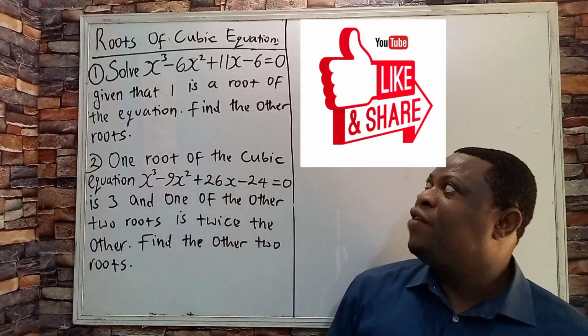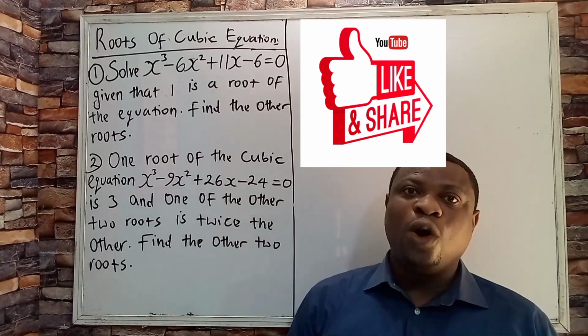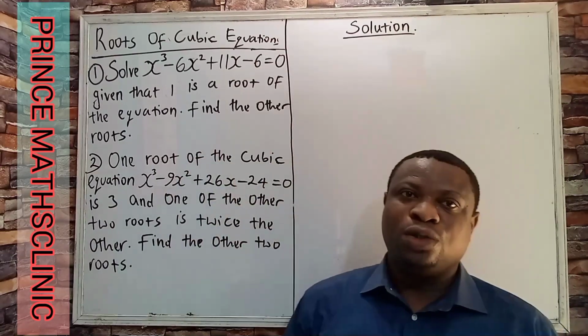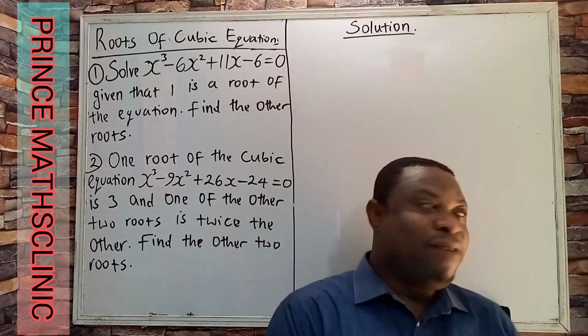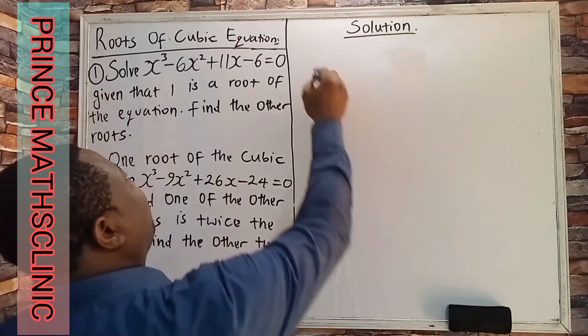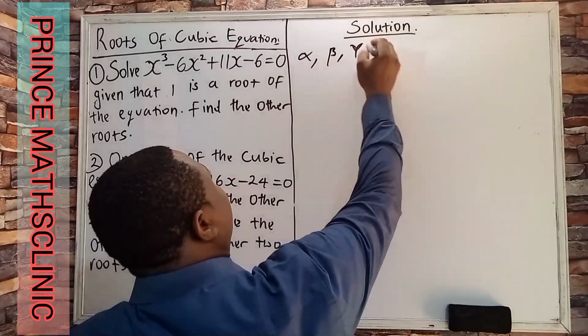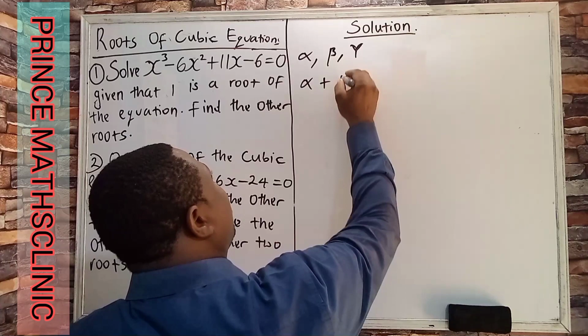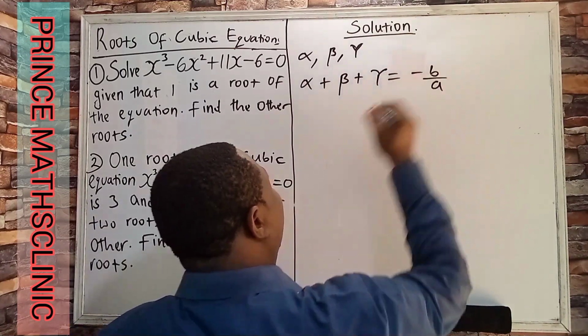We have a very beautiful question in continuation with finding the roots of cubic equations. If you remember in the last class, we arrived at the relationships that if the roots are alpha, beta, and gamma, then alpha plus beta plus gamma equals negative b over a.